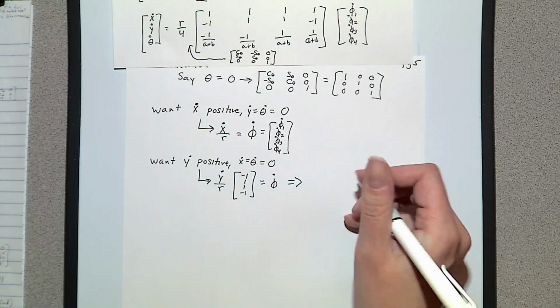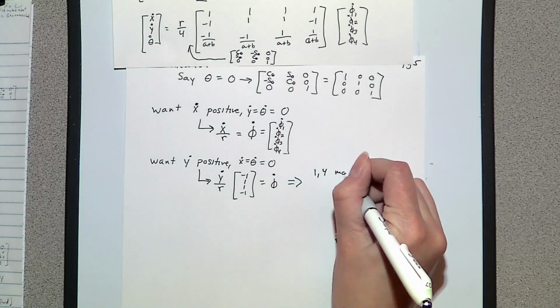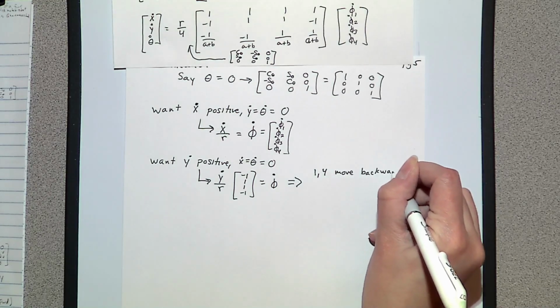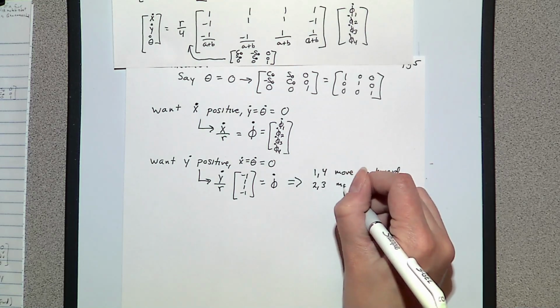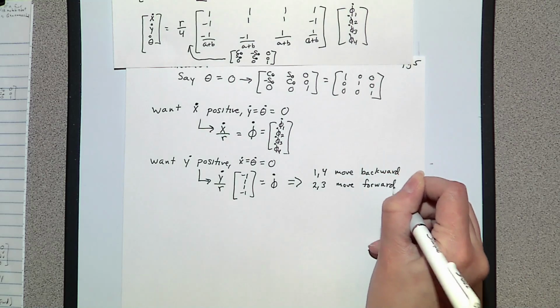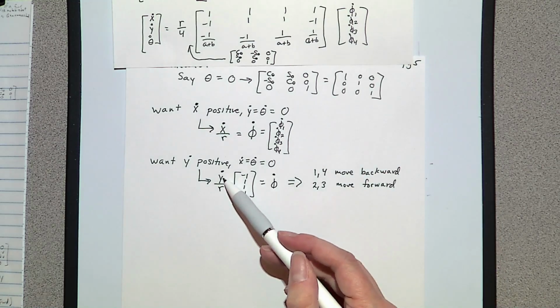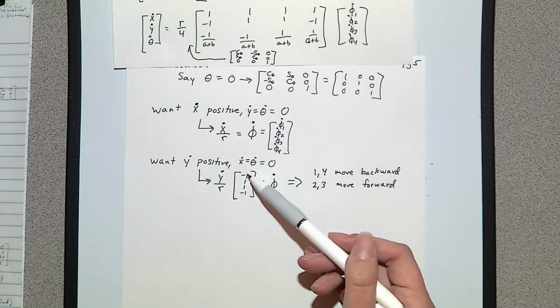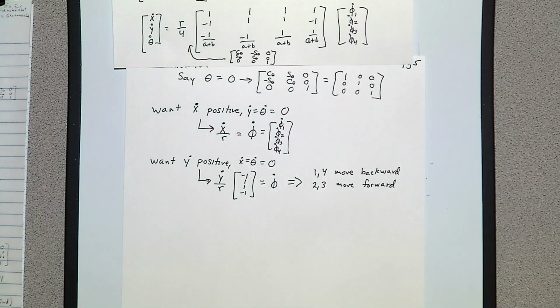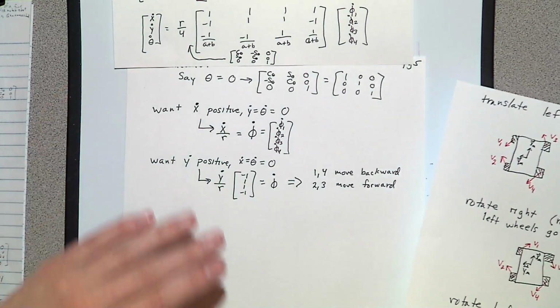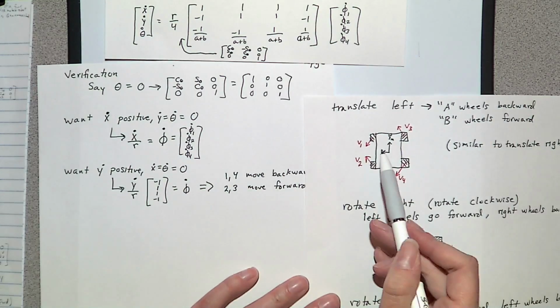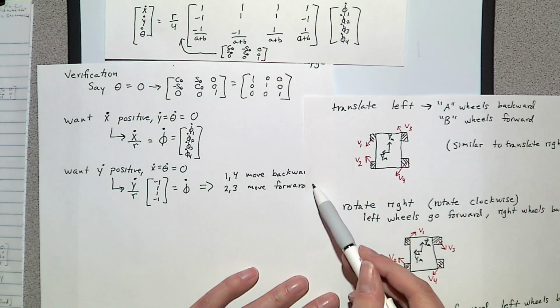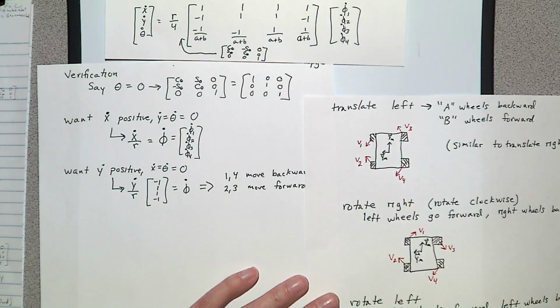So what this tells us is wheels 1 and 4 move backward, 2 and 3 move forward. So 2 and 3 are moving in the same direction as the y that we want, and 1 and 4 in the opposite. So a positive y would be a translation left. So we can see, just like this case here, we had 1 and 4 moving backwards, and 2 and 3 moving forwards.